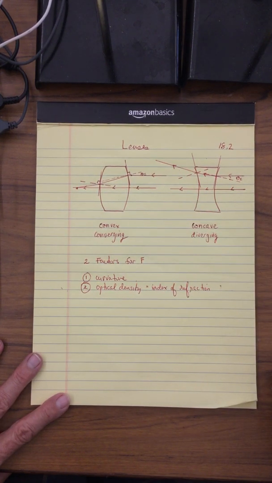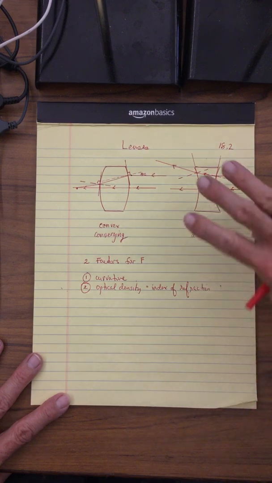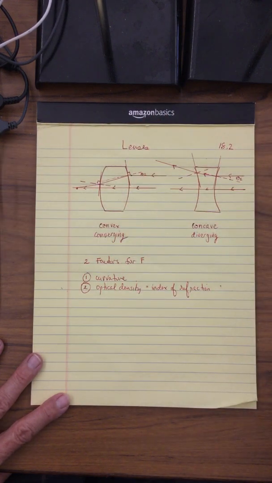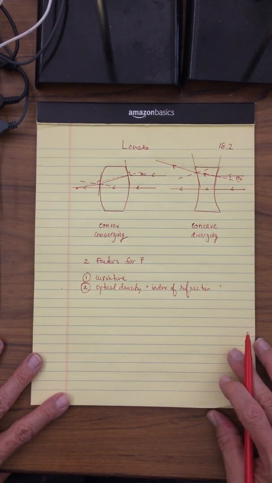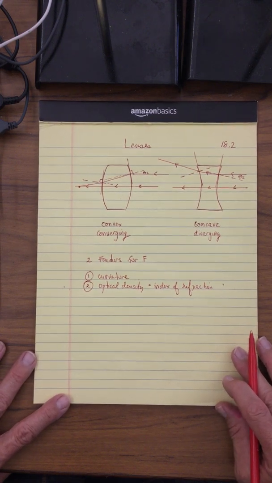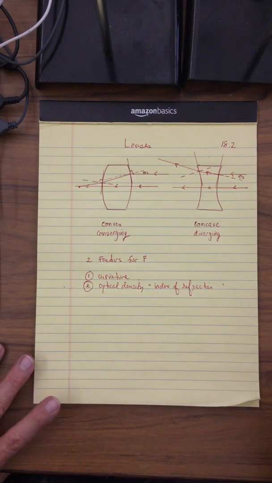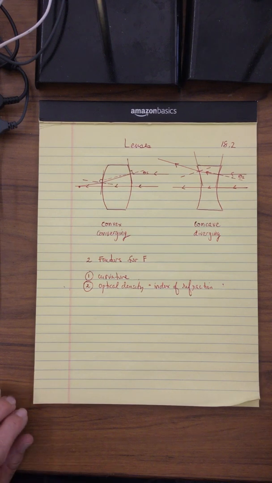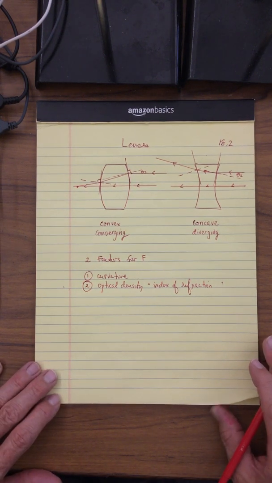The less optically dense it is and the closer it is to air, the more the rays are going to go through straight. So those are the two factors that will affect your focal point for the lens. Now, there are rules to draw the lines as they go through the lens, and we're going to go over these rules.